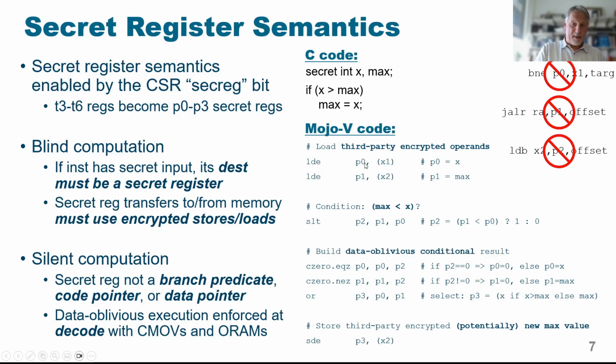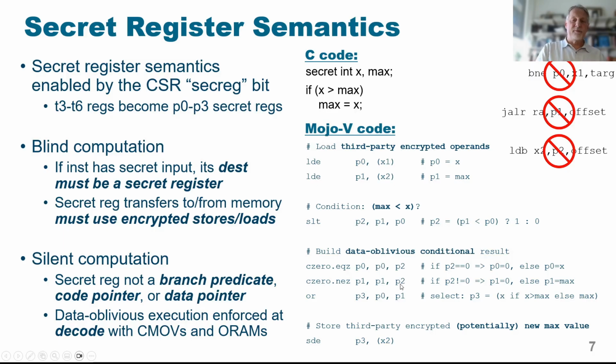Now I've got X in P0 and max in P1. And then I just compare. I say, is max less than X? Okay, so this is max, that's X. Is it less than? And then the predicate 0 or 1 is put into this register P2. And then I use this P2 to do a conditional move.